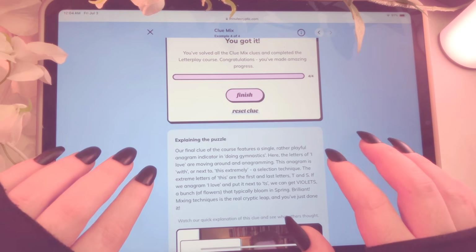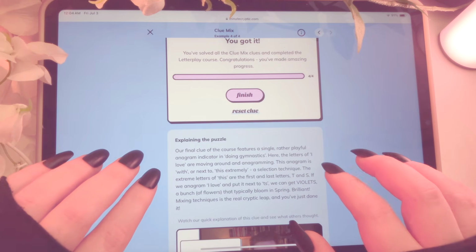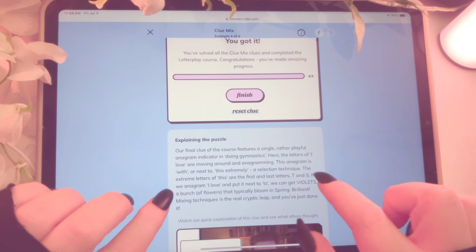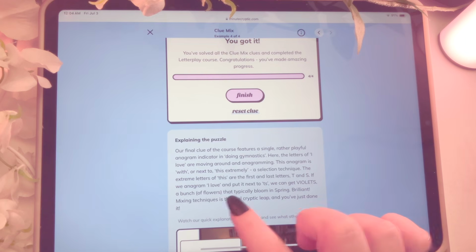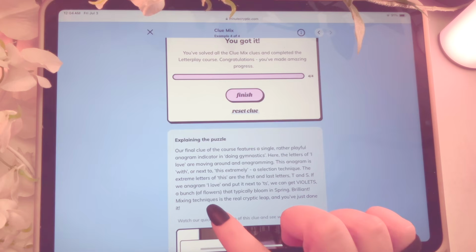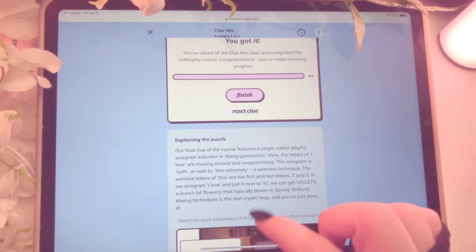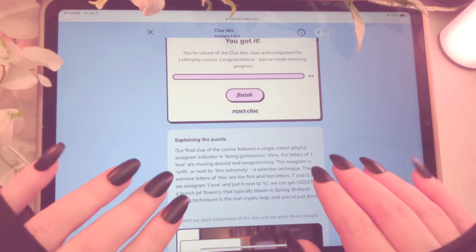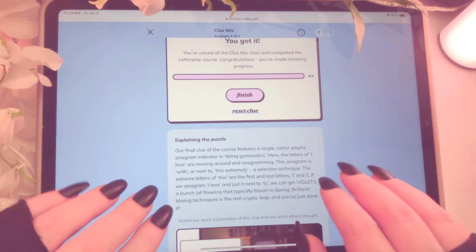The extreme letters of this are the first and last, T and S. If we anagram I love and put next to TS, we can get violets, a bunch of flowers that typically bloom in spring. Brilliant.